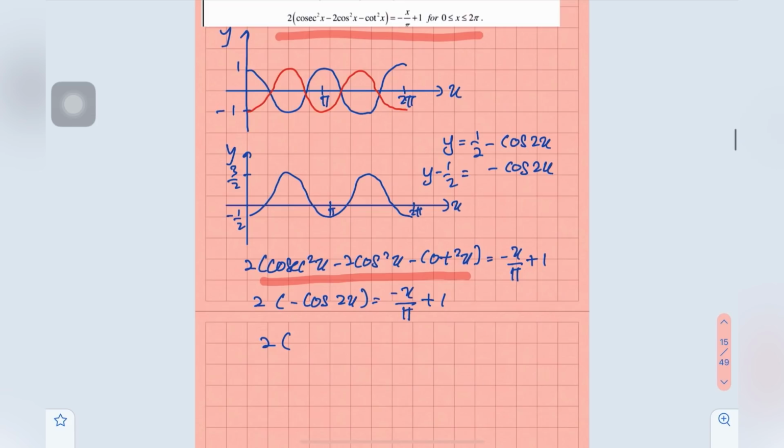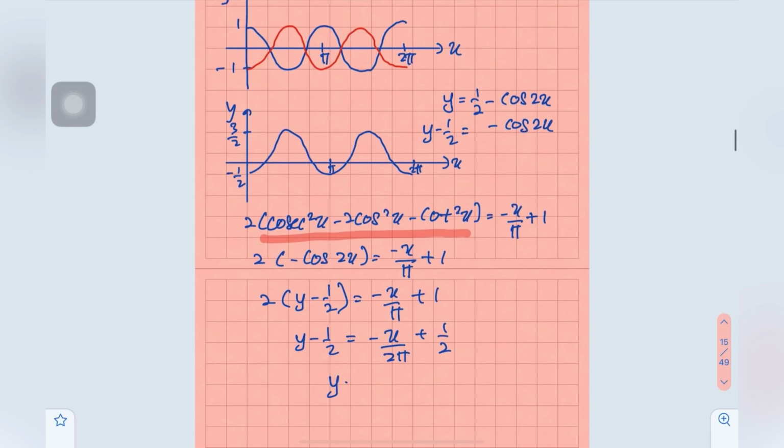So, 2 times y minus 1 over 2, equals to negatif x over pi plus 1. Y minus 1 over 2 equals negative x over 2 pi plus 1 over 2. Okay, so therefore y sama dengan negative x over 2 pi plus 1 over 2 tambah 1 over 2, which is 1. Okay, so this is the suitable straight line.